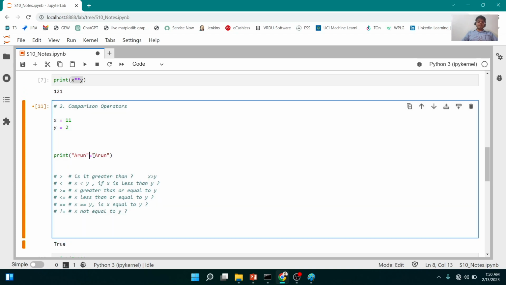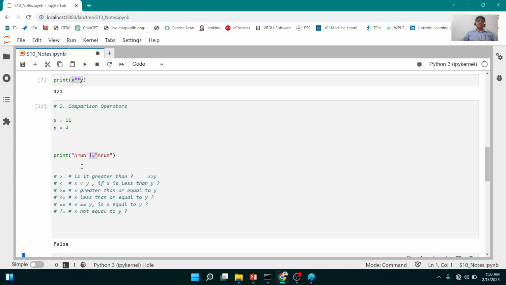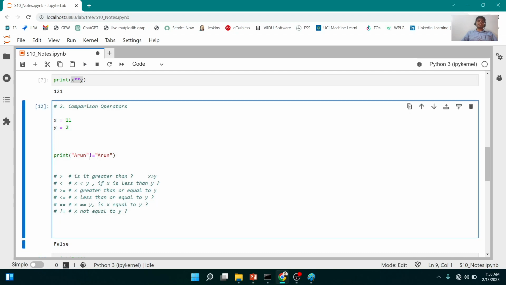Just like this, if I put this symbol, it would say Arun not equal to Arun. But both are the same, so this condition is going to be false, because I am saying Arun is not equal to Arun, but they are equal. That's how you utilize these symbols to convey to Python that they have a special meaning: that I am comparing what is on the right side with what is on the left side.